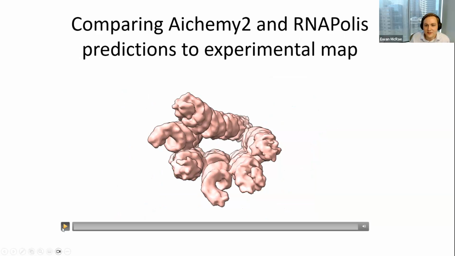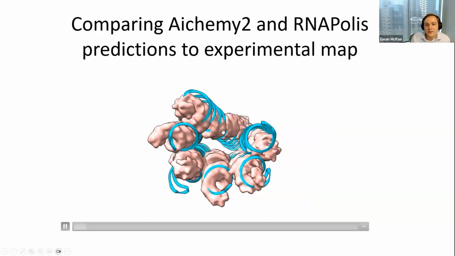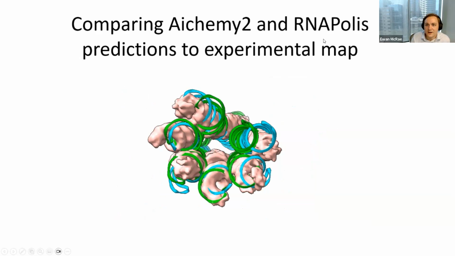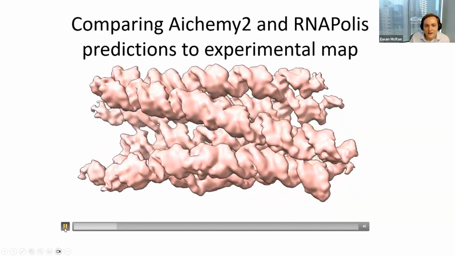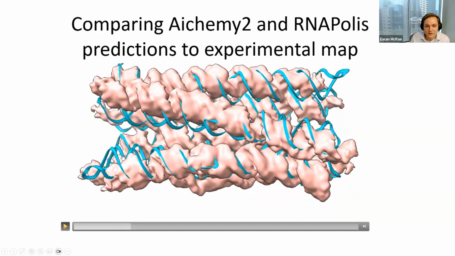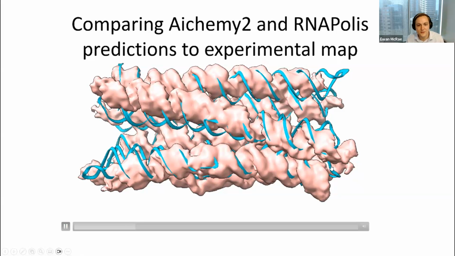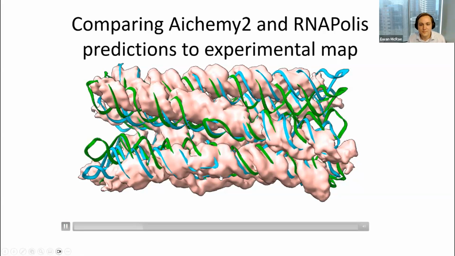So here you can see our cryo-EM reconstruction and the Aichemy prediction, and also the RNAPolis prediction. And they're pretty close. But if you look at some of the details, for example, this helix 5 here we have is quite curved, whereas both predictions have it pretty linear.